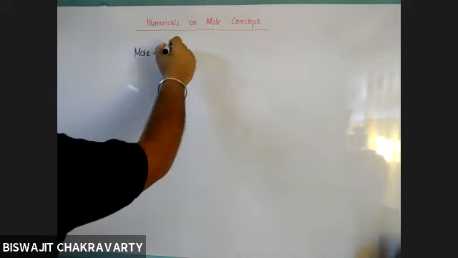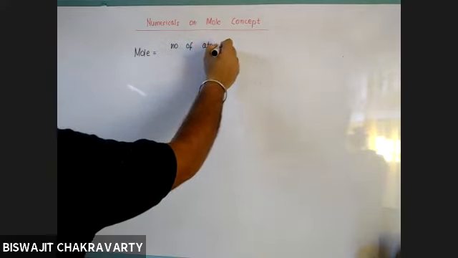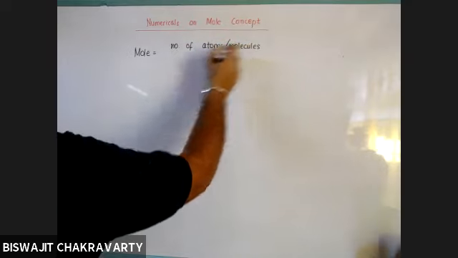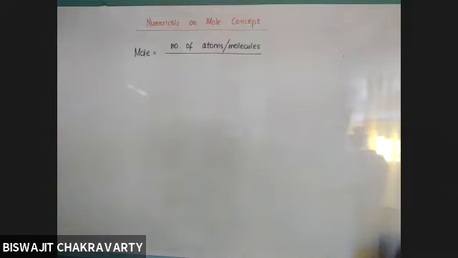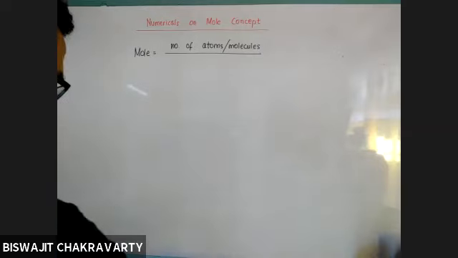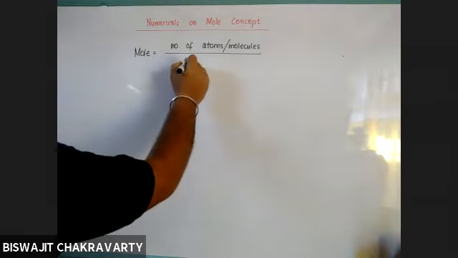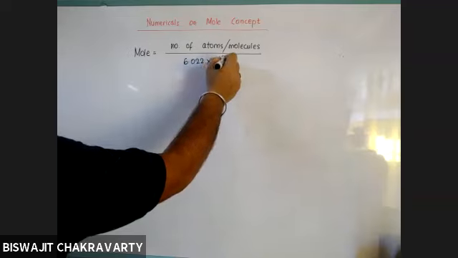Mole can be written as number of atoms or molecules divided by what? Those who have done the last class, tell me, what should I divide this number with? Avogadro's number, 6.022 into 10 to the power 23.